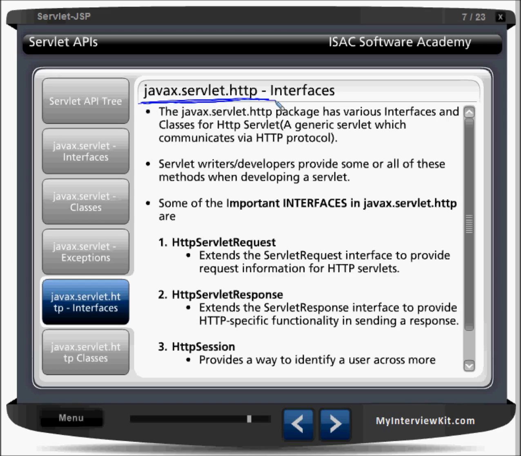In this package we have HttpServletRequest. Previously we saw ServletRequest and ServletResponse, which do the same job. But here we have HttpServletRequest and HttpServletResponse, which handle and provide request information for HTTP-based servlets.